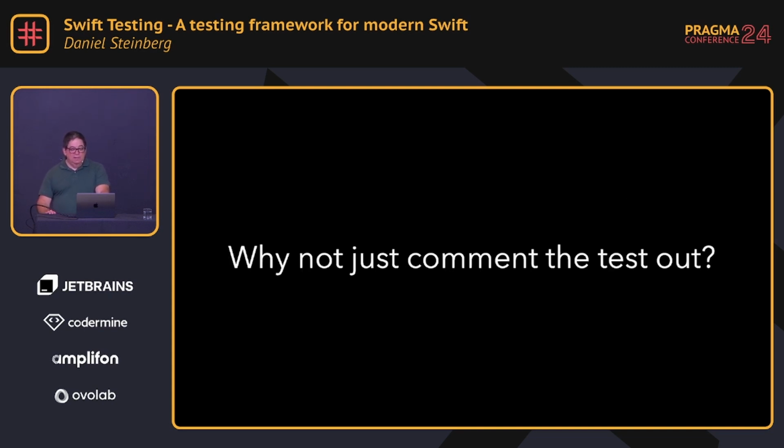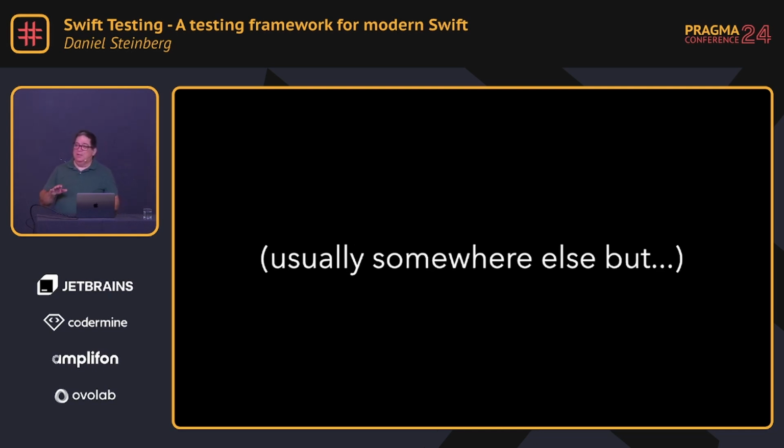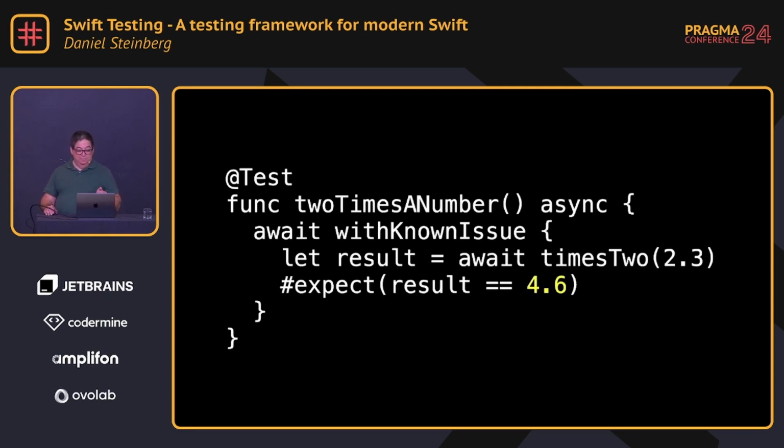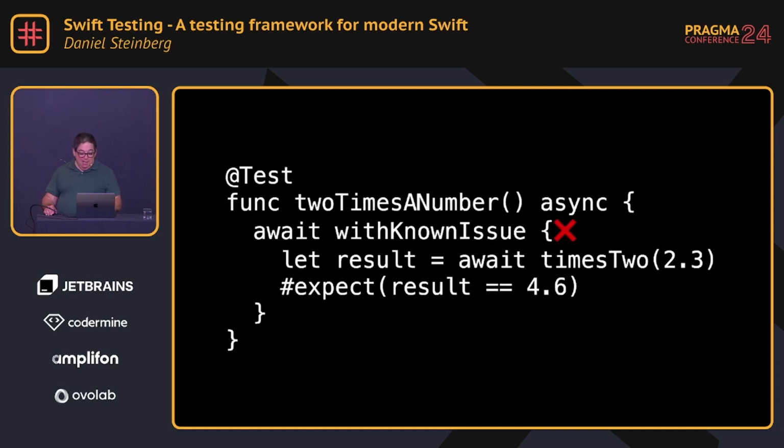But why not comment the test out? Well, suppose the problem gets fixed. Usually somewhere else, but just because you guys are good at multiplying, I'll fix it right here. Run it. I get an error because it says, hey, there's no issue anymore.